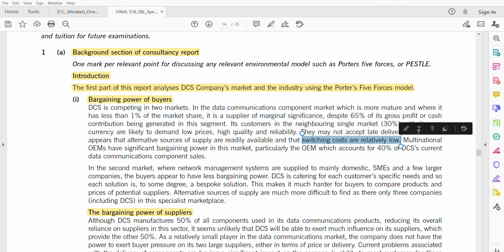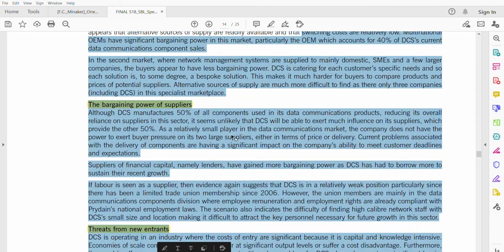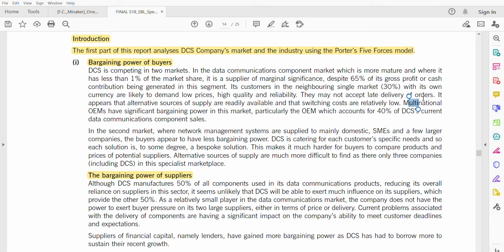Multinational OEMs have significant bargaining power in this market, particularly the OEMs, which account for 40% of DCS current data communication component sales. So you can see the bargaining power in this market.